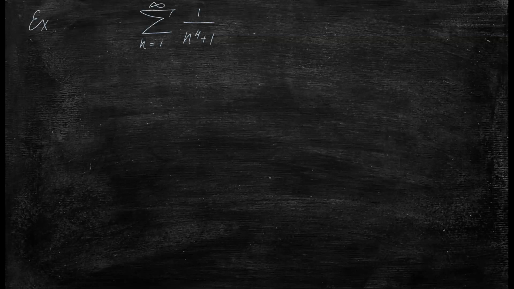And we're going to start from scratch. So the first step is we're going to ask ourselves if this is a geometric series or telescoping series, which it isn't, or p-series, which it also is not.